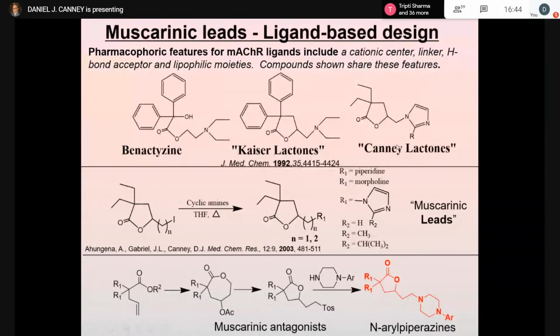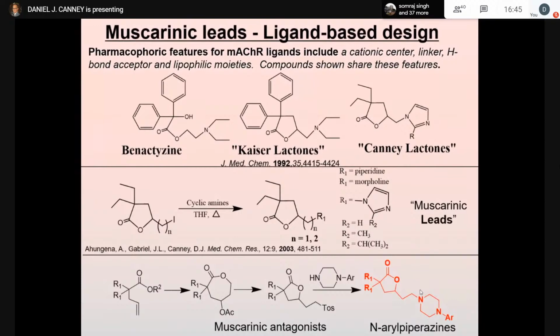We had these canilactones, mylactones, and we thought, well, these are all very similar compounds. Let's make some derivatives and see if they turn out to have antimuscarinic activity. And it turned out they did, and you can see at the bottom, when we made these N-arylpiperazine derivatives, they turned out to have activity.